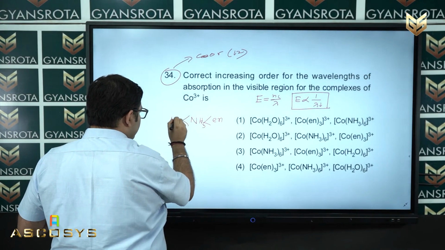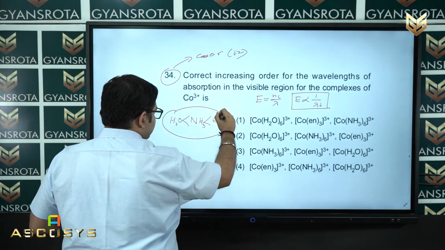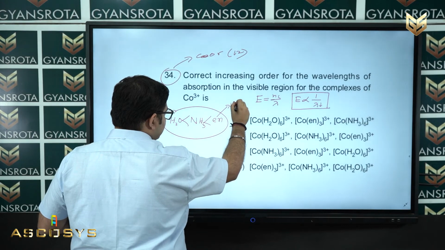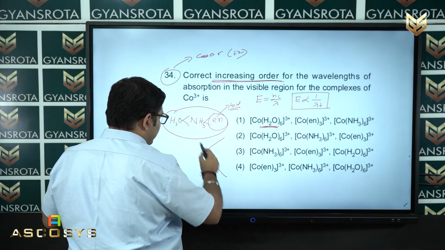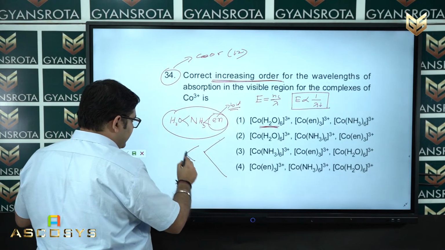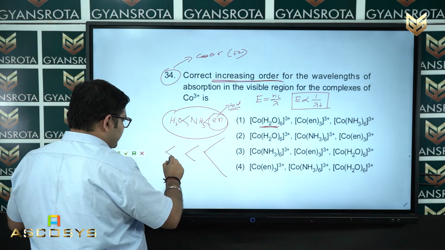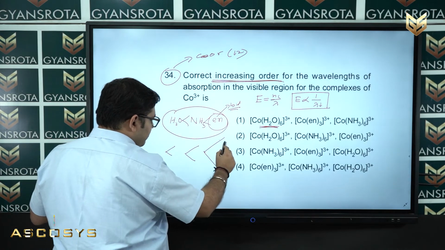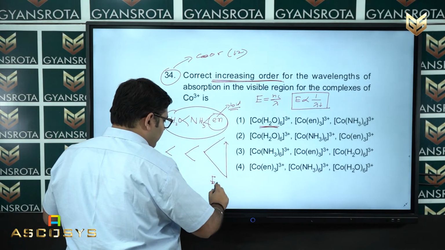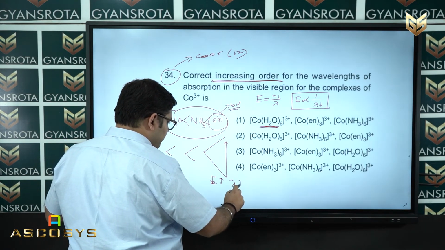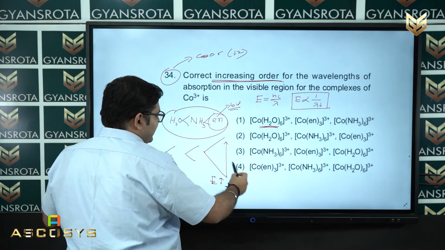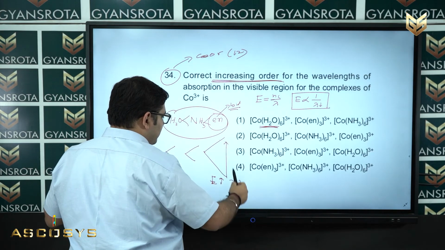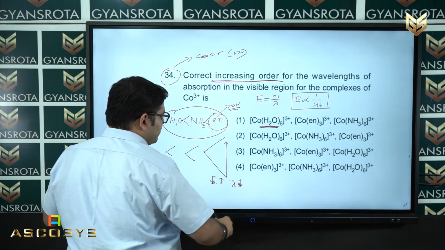This is the order of the ligands, and ethylene diamine is a bidentate ligand. So, when ethylene diamine is there, the splitting will be more, then NH3, and then water. When the splitting is more, that is the energy gap is more, your lambda value automatically decreases. So, the ethylene diamine complex will have the lower absorption wavelength value.